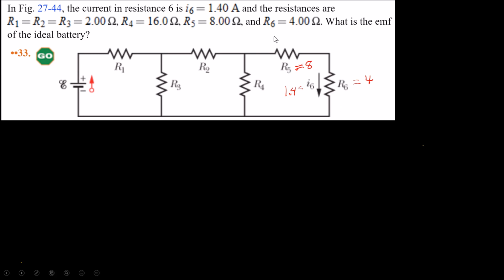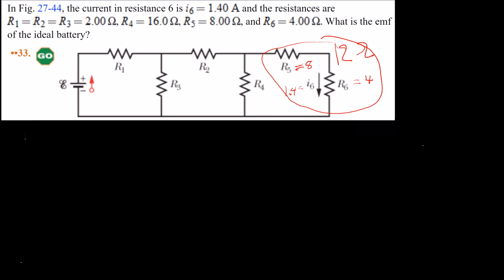Can we replace these two by their equivalent? This is 4, this is 8. We can replace them by an equivalent of 12, because they are in series. So you have 12 ohms here, and the current is 1.4 amps, so we can find the potential difference across this 12 ohm resistor, which is the same as the potential difference across R4 because they are parallel.